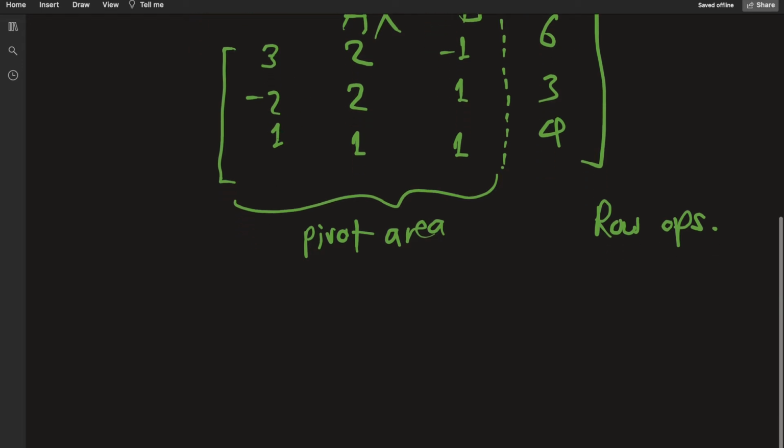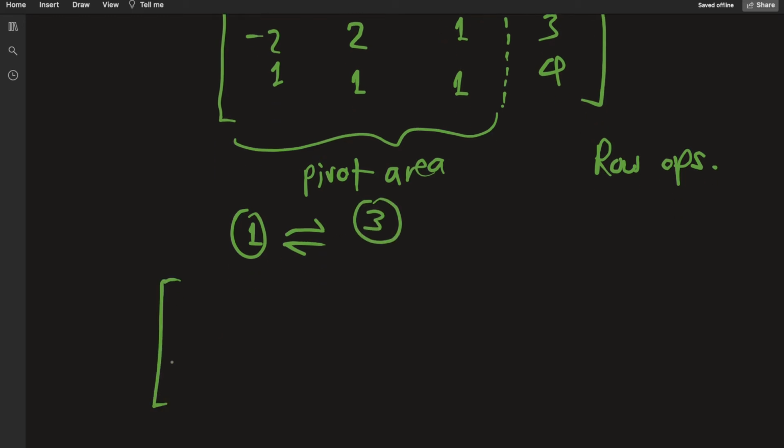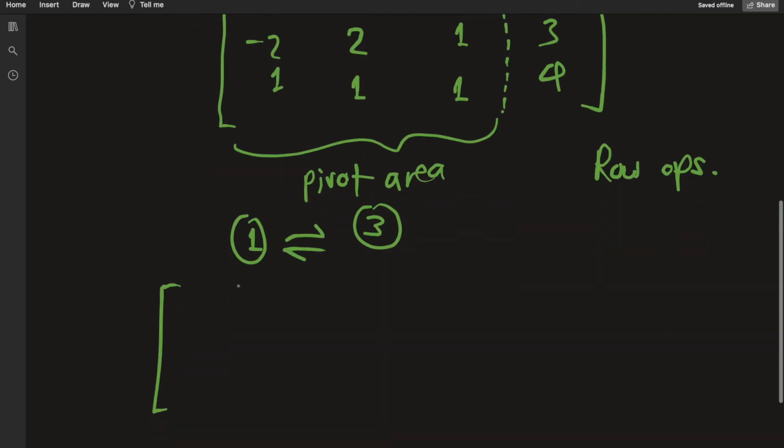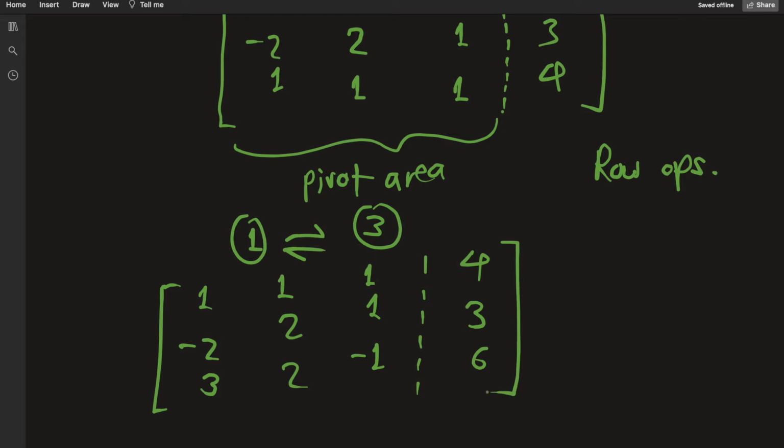I'm going to move this row 3 on top, so I'm going to do a row 1 row 3 exchange, and that applies to this constant column also, with 1 negative 2 3, 1 2 2, 1 1 negative 1, 4 3 6.